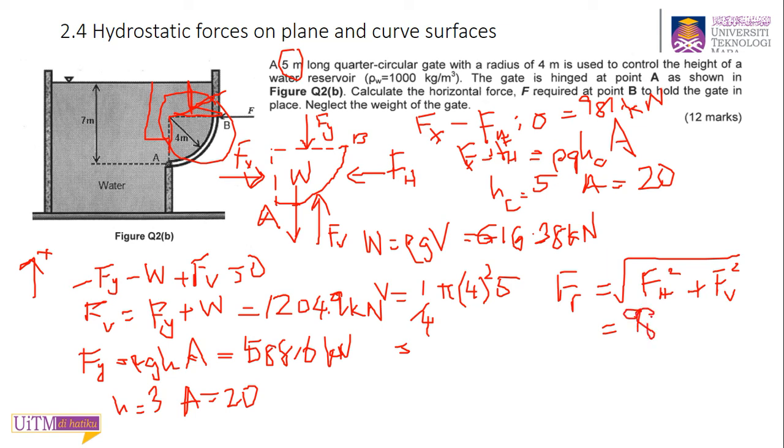Betul? Saya tak sure. Calculator saya tak. Mira, kau dapat apa Mira? FV squared. Apa lagi tu? 1555.8 kilonewton. Betul ya.